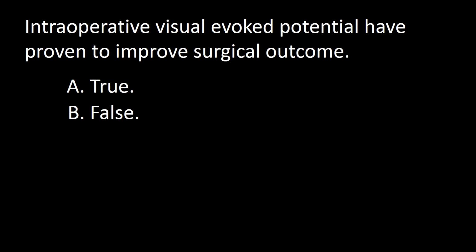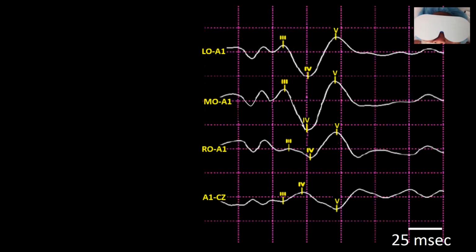Next question. Intraoperative visual evoked potentials have proven to improve surgical outcome. A. True. B. False. Intraoperative visual evoked potential monitoring during surgery that places the optic nerve, chiasm, and tract at risk makes sense.